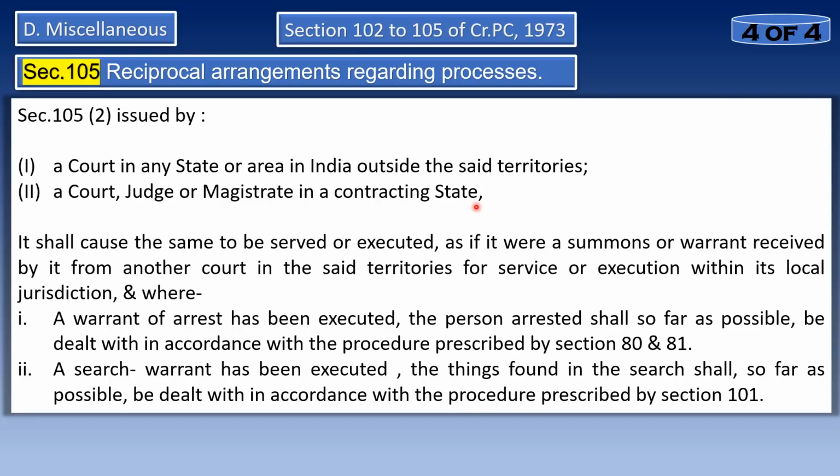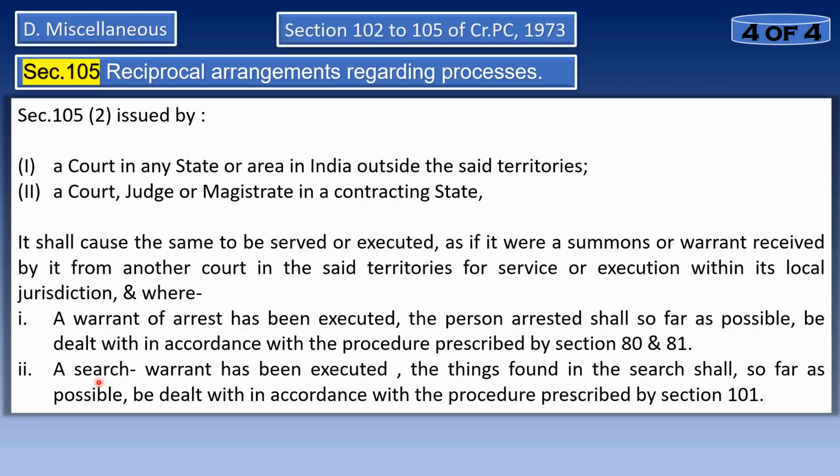It shall cause the same to be served or executed as if it were a summons or warrant received by it from another court in the said territories for service or execution within its local jurisdiction. And where two things are there: a warrant of arrest has been executed, the person arrested shall, so far as possible, be dealt with in accordance with the procedure prescribed by sections 80 and 81.